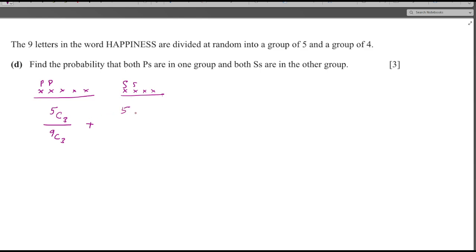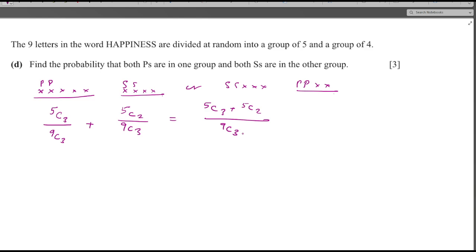Or here it is now p. The other case is that here I have 2s with other 3 alphabets, and I have 2p with the other 2 alphabets. So if I consider only the selection for p, then by default s will be in the other group. So here it is 5c2 ways out of 9c3. So my total arrangement will be 5c3 plus 5c2 divided by 9c3. Now 5c2 or 5c3, both are the same. 5c3, if I see, it is 10.